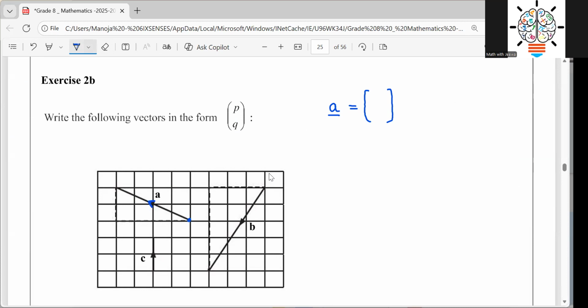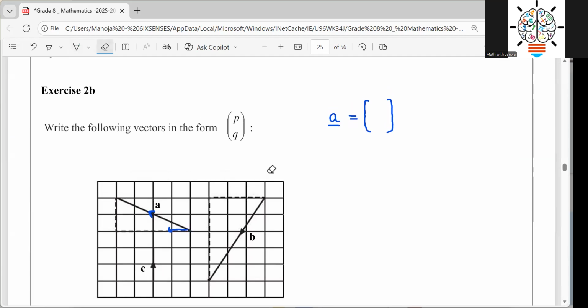Now, what are the two options I have? Either I go this way or this way, but I don't take this one because that's the vertical one. So I go like this. How many steps? 1, 2, 3, 4, but to the left side, so -4. Then I go up 1, 2 to get this point, 2.